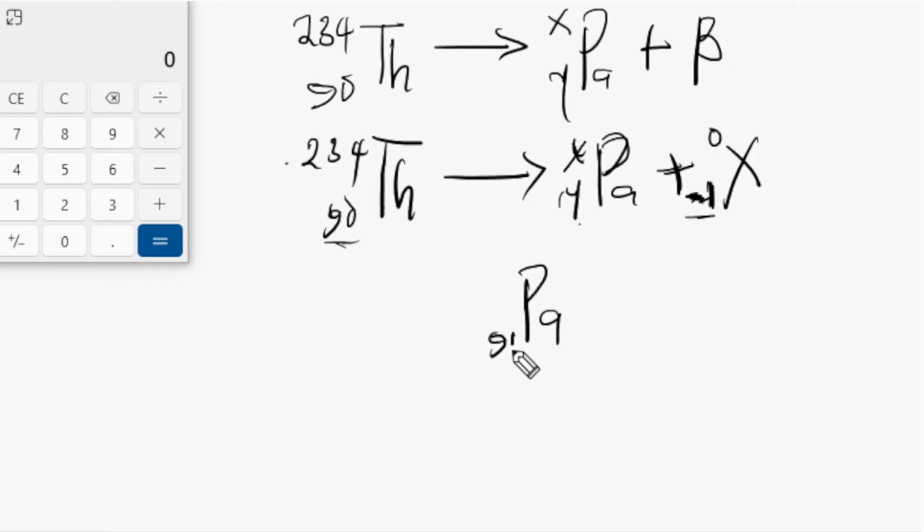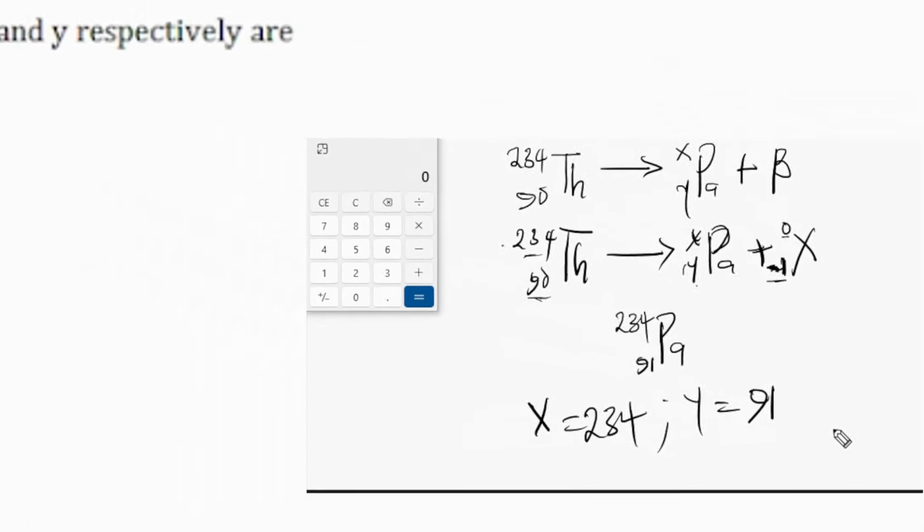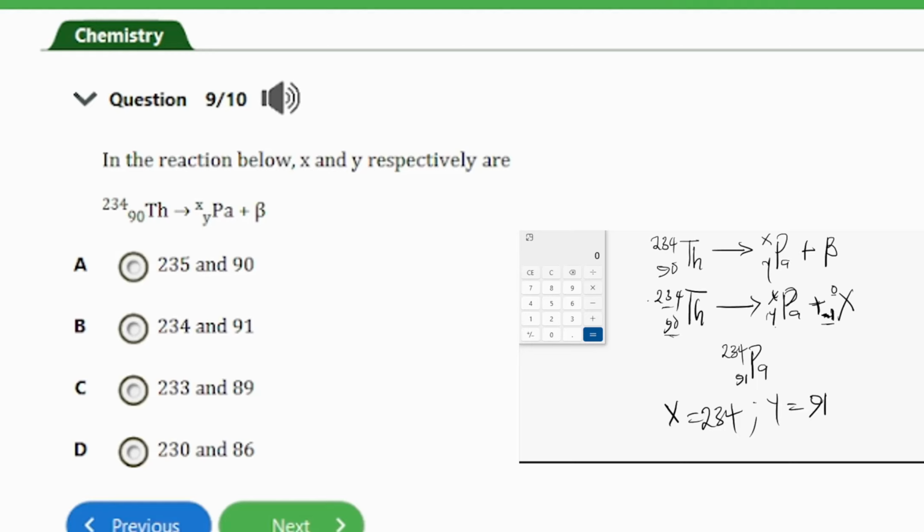So this will be a 91, and then for the superscripts here, we're going to find the difference between this and this, and that's 234 minus 0. That's your 234. So in this case, X will be 234, and then Y will be 91. So that's option B here, and that's the answer to this question.